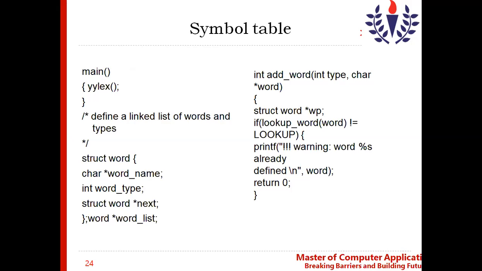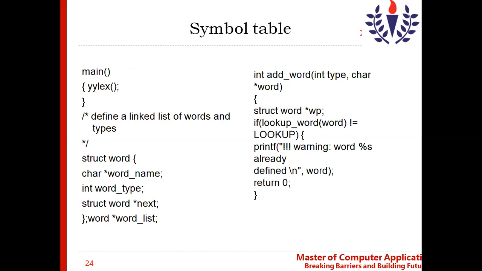So the word type is an integer, then the word is a character array, and we have a pointer pointing to the next node. So we make the linked list. So word list is a linked list.